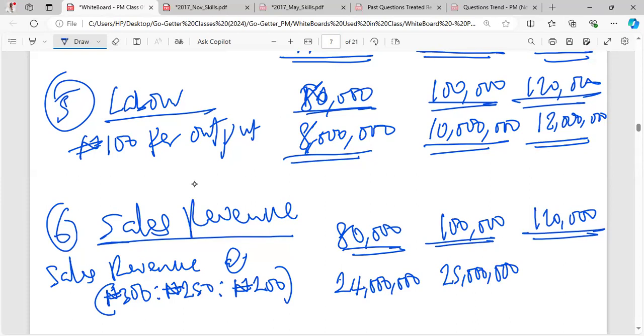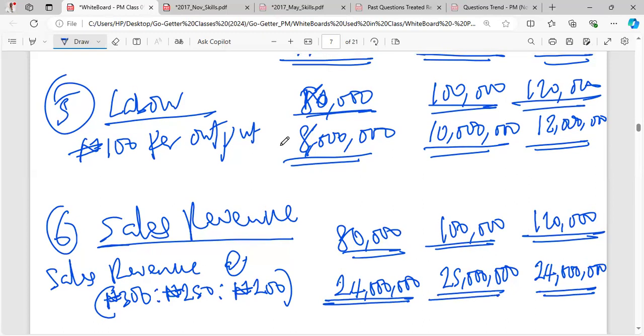Then 2 times 12 is 24, so that should give me 24 million. So that's it. This is the revenue: 24, 25, 24.